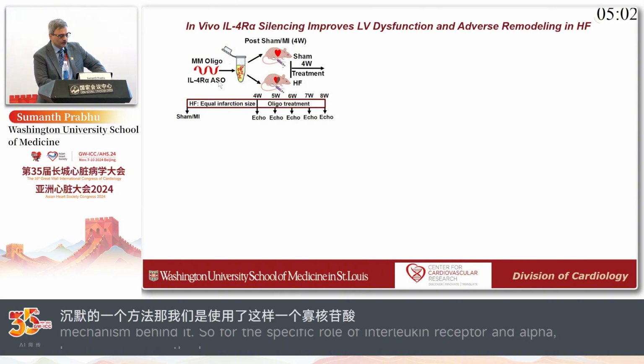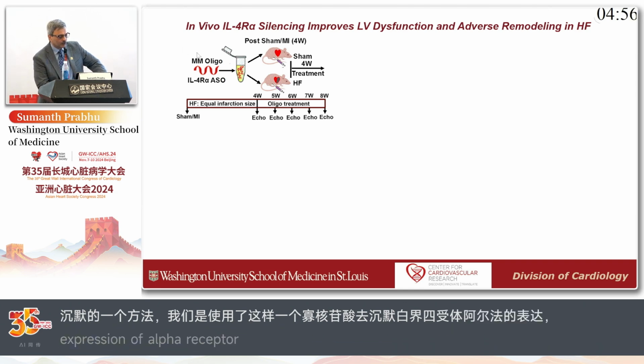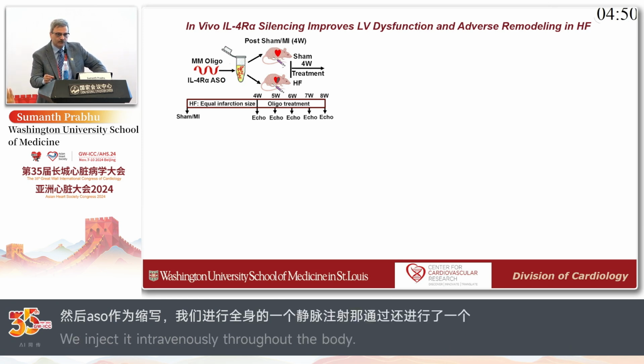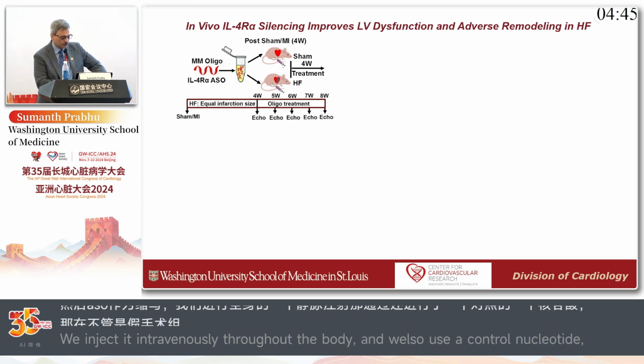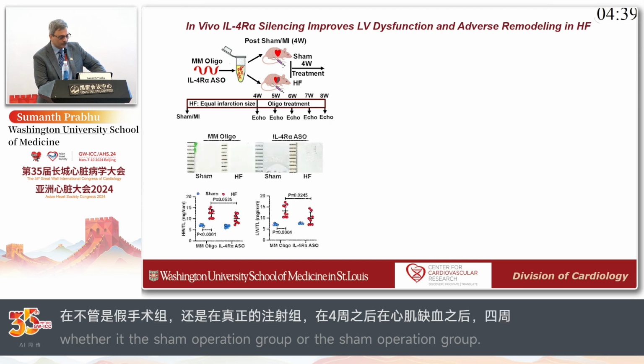And these are antisense oligos against IL-4 receptor alpha. They're given systemically. We use mismatched oligos as controls. And we gave them to mice in the chronic stage of heart failure 4 weeks after either a sham operation or a coronary ligation. So from 4 weeks post-MI to 8 weeks post-MI, we performed IL-4 receptor alpha gene silencing.